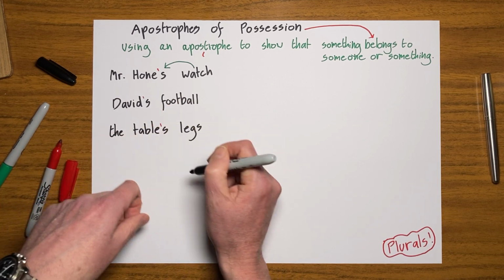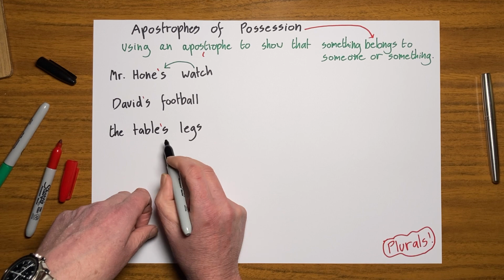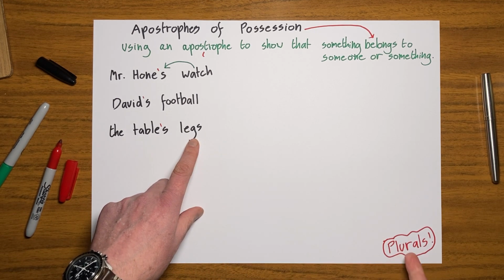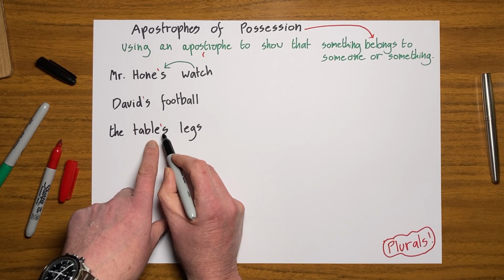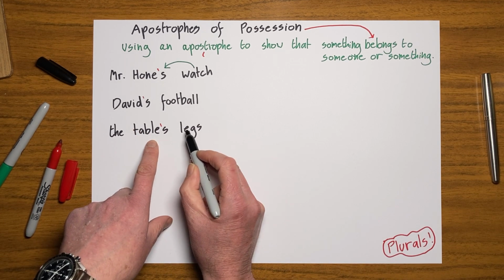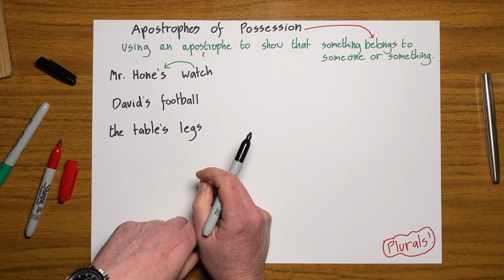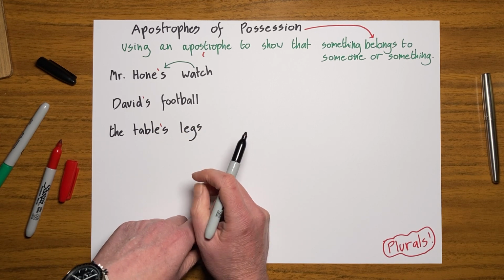They are the legs of the table. This is quite interesting, because here, that S is telling me that there is more than one leg, which is the plural, whereas this apostrophe S is telling me that the legs belong to the table. And that's why these things are so easy to get confused.